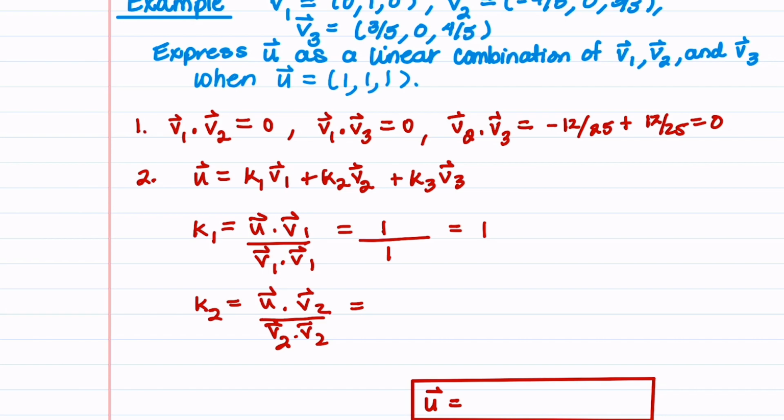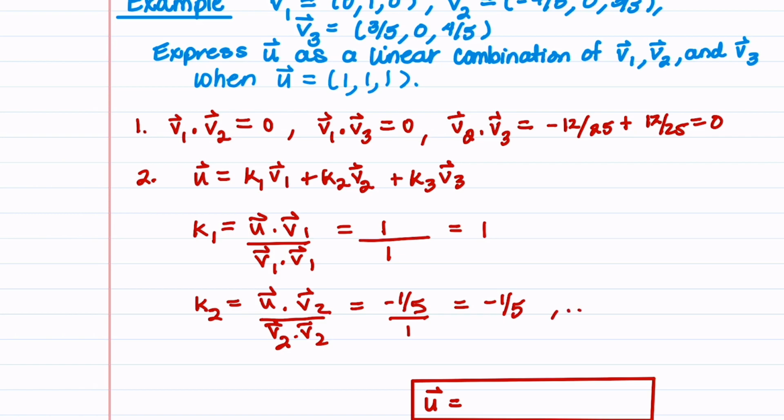Let's see, u dotted with v2, we get minus 4/5 plus 3/5, which is minus 1/5. And then in the denominator, v2 dotted with v2, we get 16 plus 9, which is 25 over 25, which is 1. So this is minus 1/5.